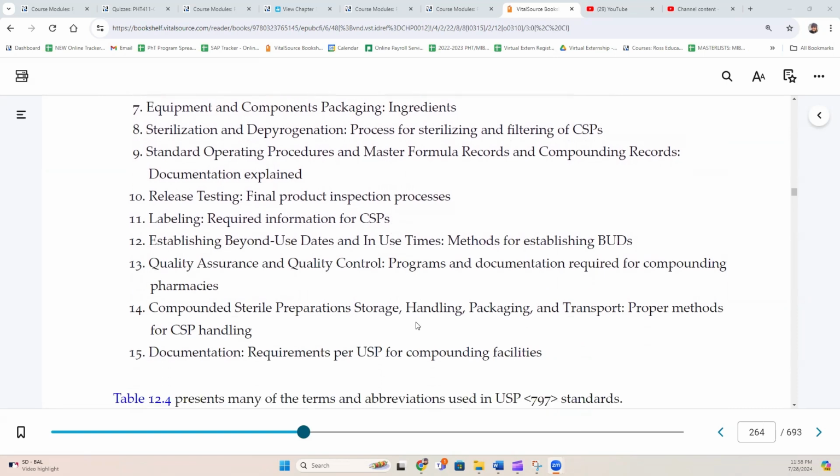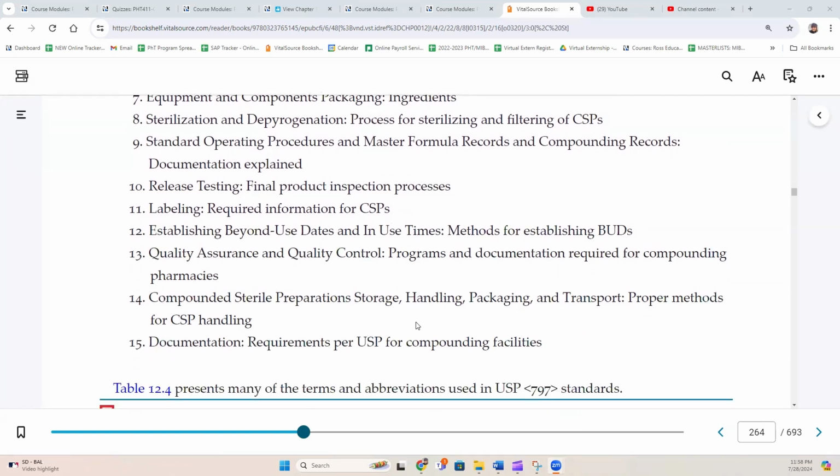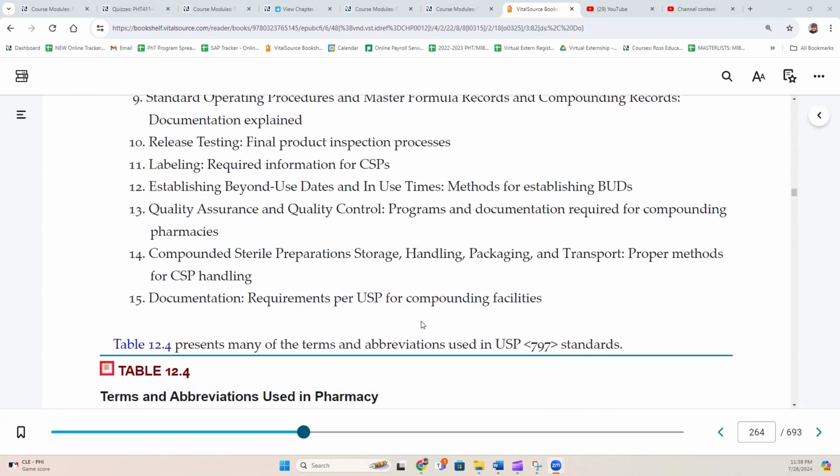Documentation explained. 10, release testing, final product inspection processes. 11, labeling, required information for CSPs. 12, establishing beyond use dates and in-use times, methods for establishing BUDs. 13, quality assurance and quality control, programs and documentation required for compounding pharmacies. 14, compounded sterile preparations storage, packaging, and transport, proper methods for CSP handling. And 15, documentation requirements per USP for compounding facilities.